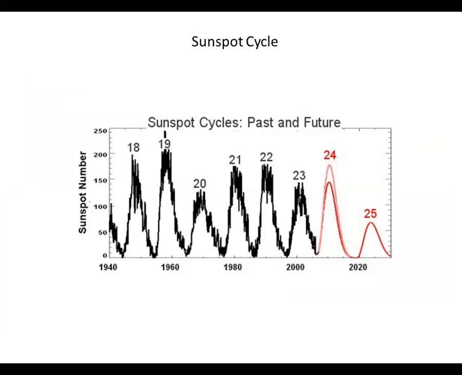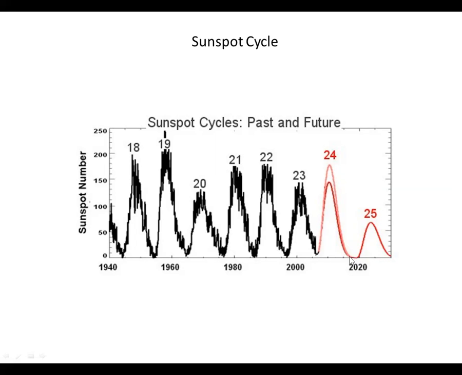The other thing that has a big impact on propagation is the sunspot cycle. And what that is, about every, oh gee, I think it's 11 years or so, the number of sunspots on the sun will increase, reach a peak, and then decrease. And it's been pretty consistent every year.